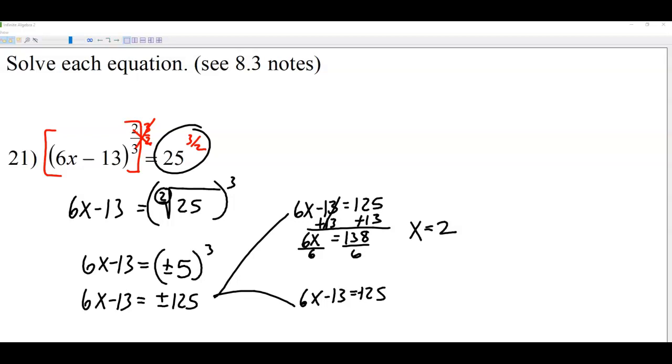I don't think it goes in there evenly. Does it? Oh, yes, it does. 23. Okay, and then the next one.